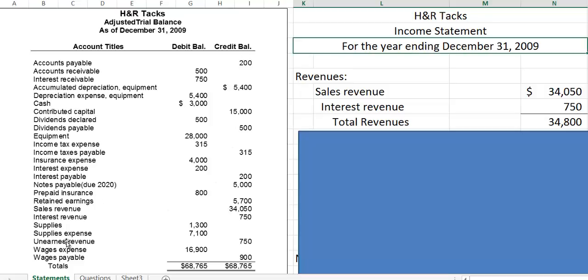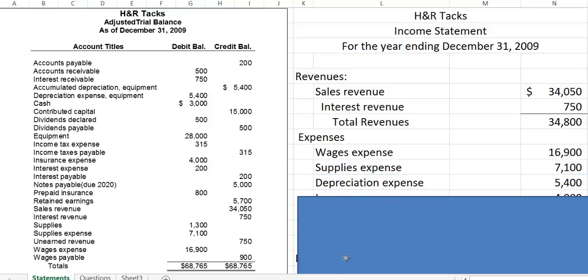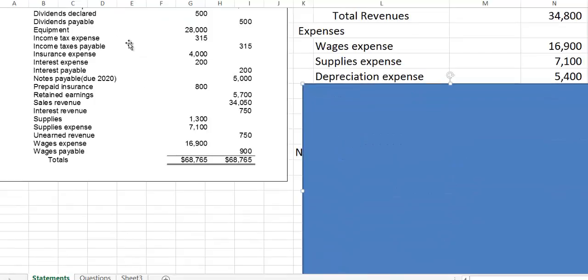Well, now that we've got all our revenues, we've got to look for expenses. So we've got our title, expenses, and what do we have? Well, if you look down here, you can see we've got all kinds of expenses: income tax expense, insurance expense, interest expense, supplies, and wages. So those several accounts should be there. And oh yes, we also have depreciation expense.